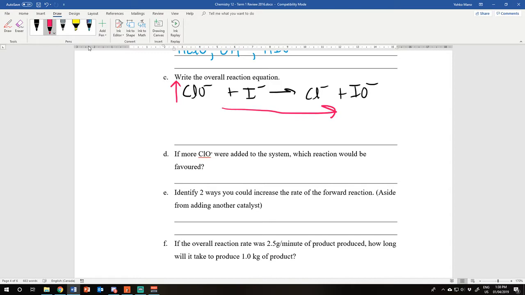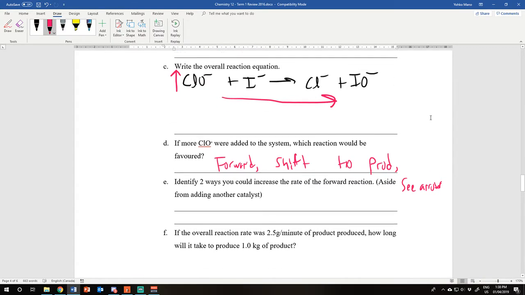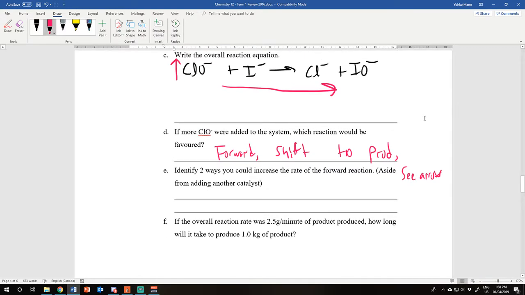You can say forward, or shift to products. Either way is fine. You could draw an arrow just like I've done here, and then just say C arrow. That would work too. But do make it explicit.